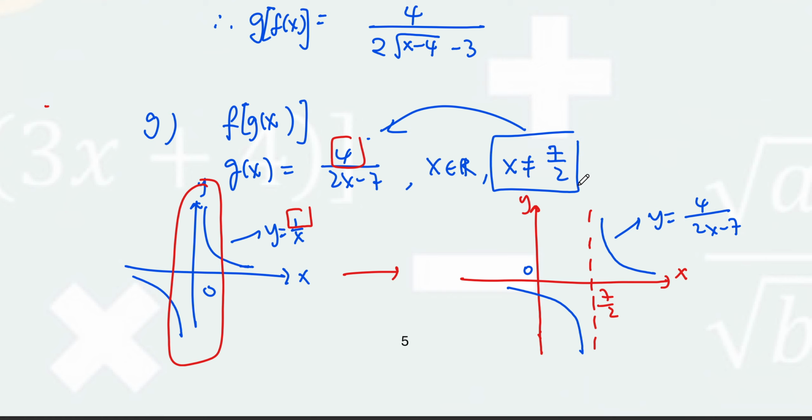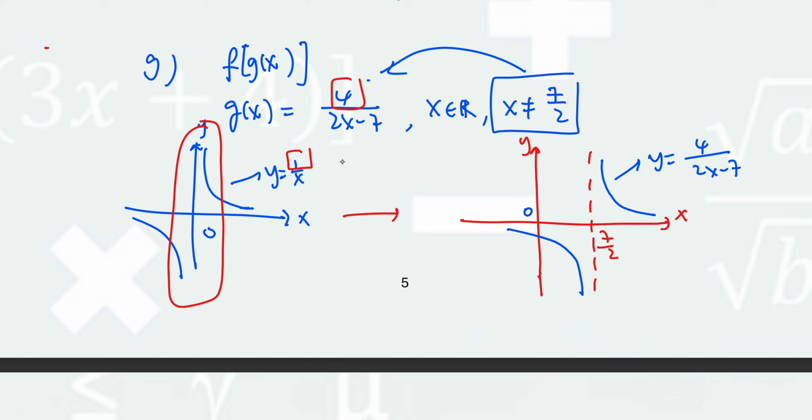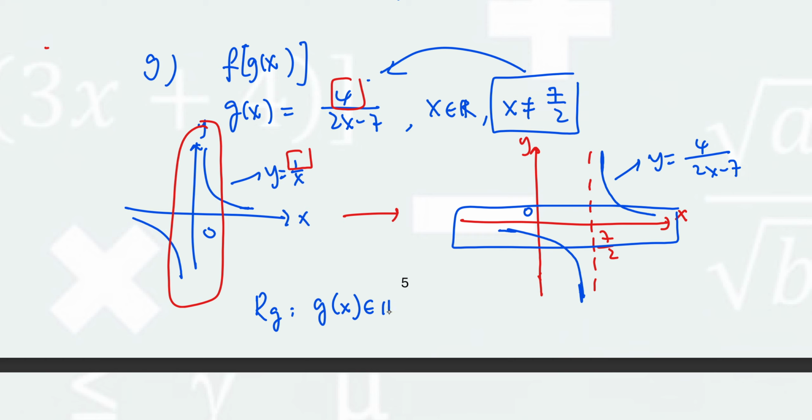Alright, so from here, I know that to get the range of g, range is actually the y values. The graph can be any values up to positive infinity and negative infinity, but it cannot touch the x-axis. That means now here I will say my g(x) is a real number, but g(x) cannot be 0. This is my range of g.